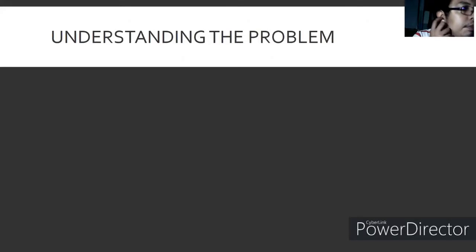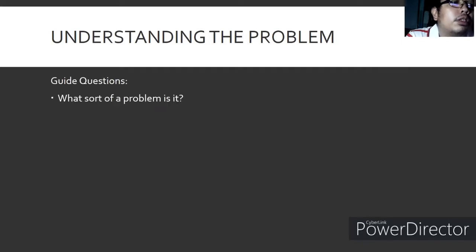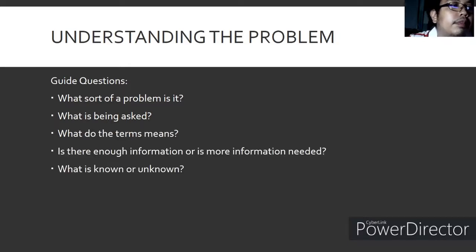Okay, understanding the problem. Here are some guide questions we need to ask in understanding the problem. What sort of problem is it? Is it algebraic, geometric, or is it like a puzzle? What is being asked? That is very important, so we need to address what is being asked in the problem.